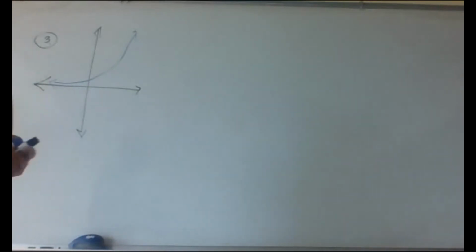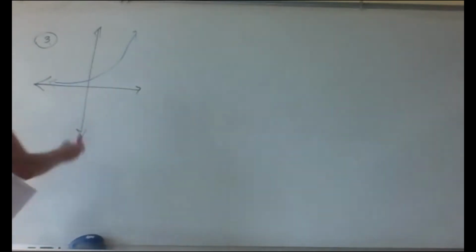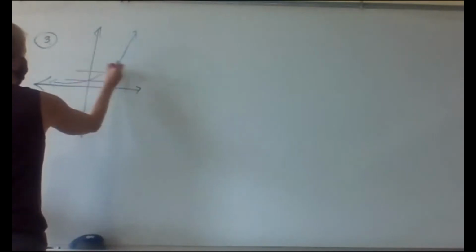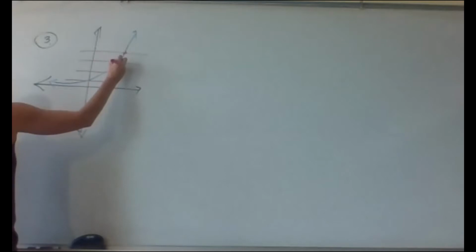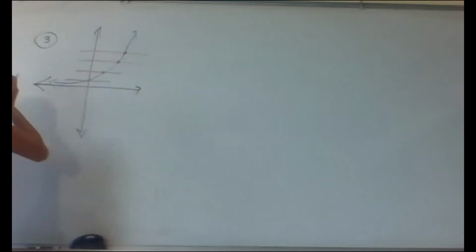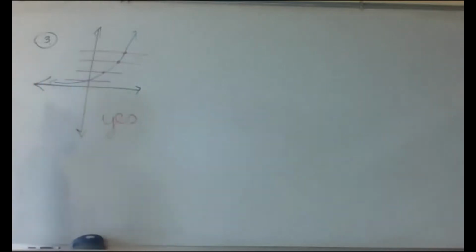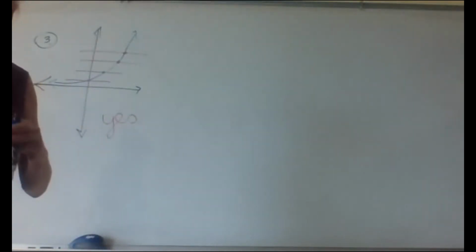Does this pass the horizontal line test? Anywhere I draw a horizontal line, how much does it touch? There's just once, once, once, once. It never touches more than once, which means yes, this is a one-to-one function.